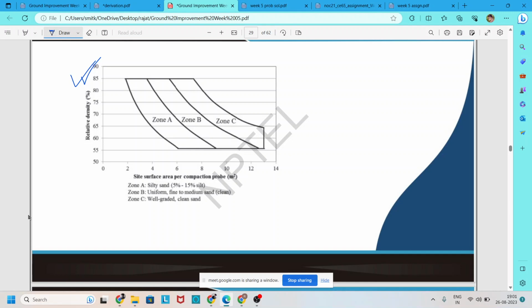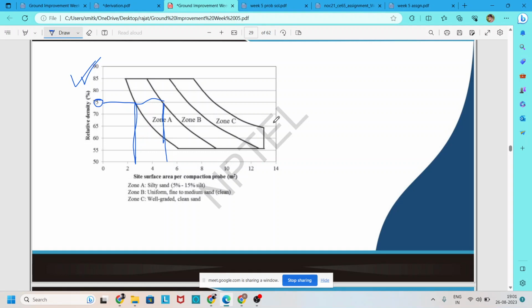So the targeted density is 75%. You see that by this chart, from this 75, if you draw a horizontal line which intersects zone 1 at this point, and zone 2 at this point, and if you draw a vertical line from the two intersection points, we arrive at a tributary area between 2.5 meter square to 5 meter square.